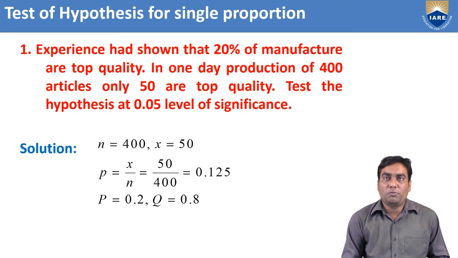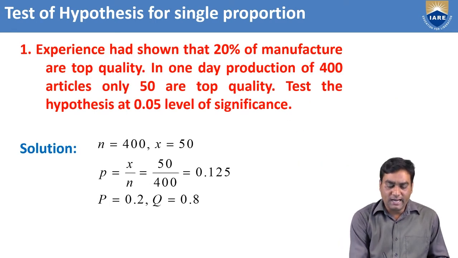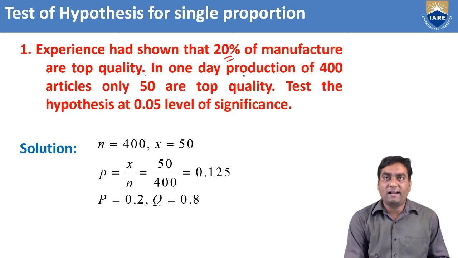Suppose I take one problem. Experience has shown that 20% of manufacturers are top quality. This is the general statement. In one day's production of 400 articles, total number of articles N equal to 400, only 50 are top quality.